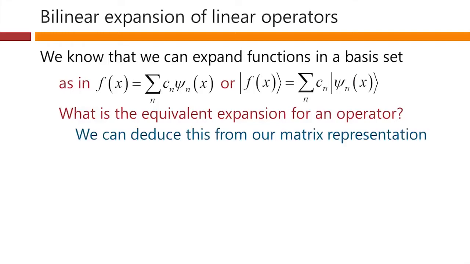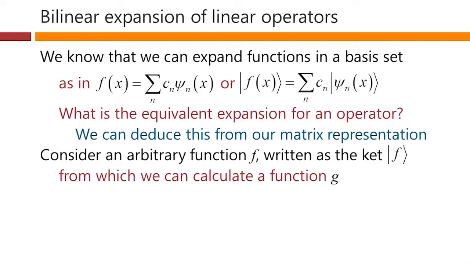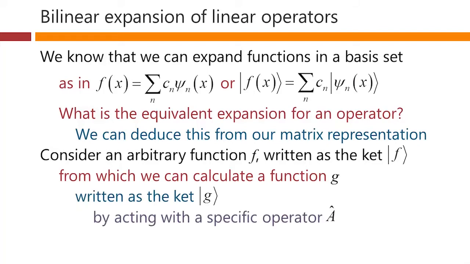We can deduce this from our matrix representation. Consider an arbitrary function f, which we'll write as the ket f here. And we're going to be able to calculate our function g from this, writing g as the ket here, by acting with some specific operator A, just as before.